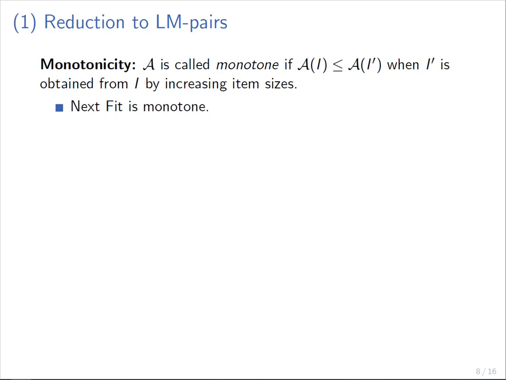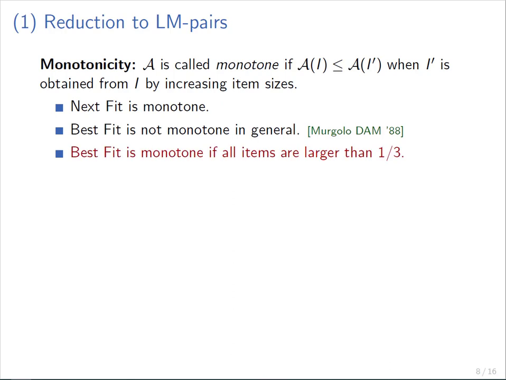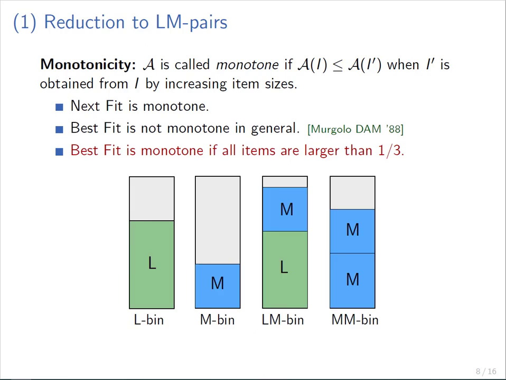In fact, this is true for the next fit algorithm, for example. However, the best fit algorithm, which we consider, is not monotone in general. There are counterexamples for this, and we also present some easy counterexample in the paper. However, we were able to show that if each item has size more than 1/3, best fit is monotone, in fact. And this helps in the following way.